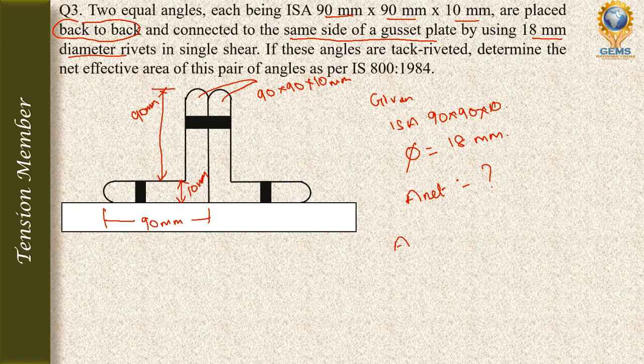What is the net area? It is equal to A1 plus K2 A2. So what is the K2 here? It says two equal angles placed back to back and connected to the same side of the gusseted plates.